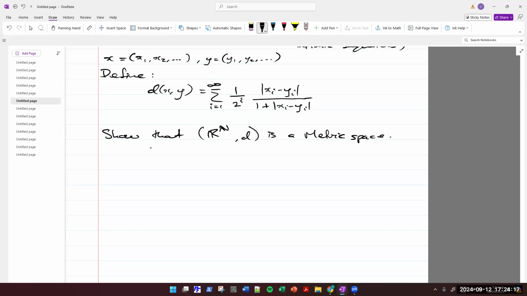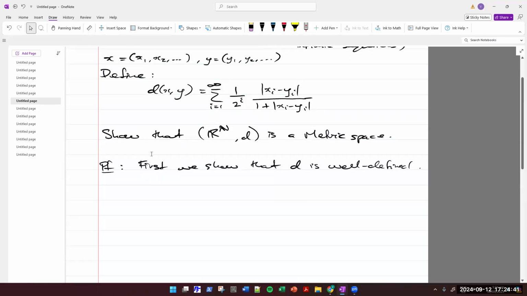So we need to check whether or not this metric always gives us a value. So I could say for the proof, first we show that this metric is well defined. In other words, does it always give you a number?